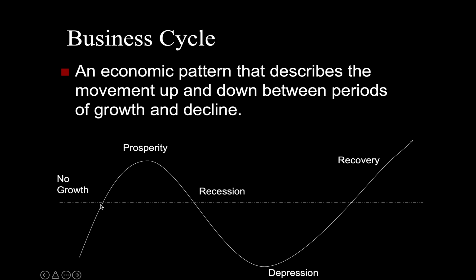Over time, as more and more investors invest in that stock and in that company, the value of the stock increases and it becomes more attractive. At some point, that stock and that company will reach a peak in its value and its operations and begin to start a decline.